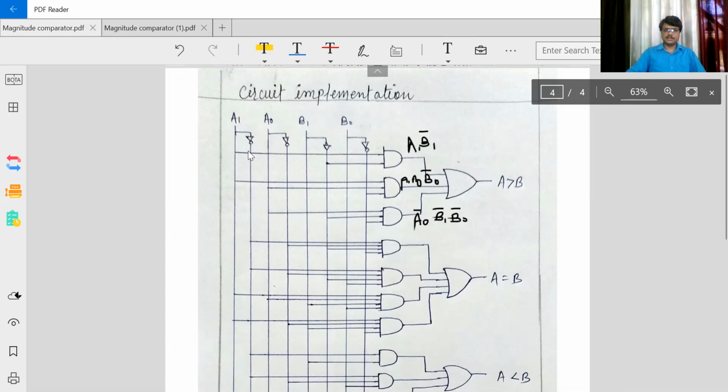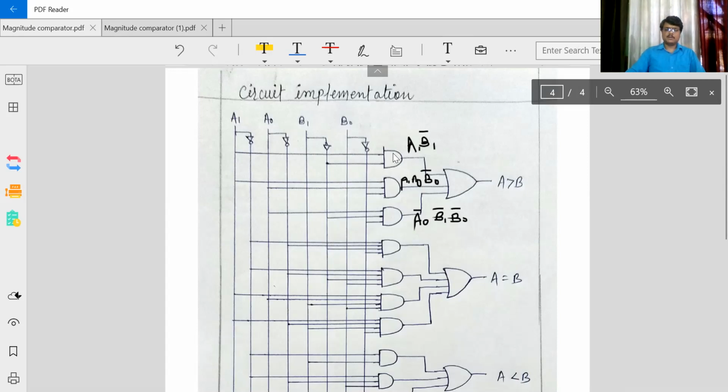So this is A1 and this is A1 bar. This is A0, and after complement it is A0 bar. This is B1, B1 bar, this is B0, this is B0 bar.